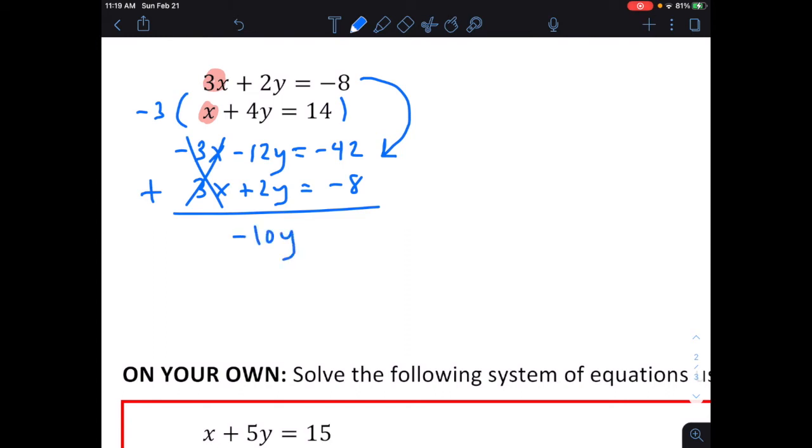So that's what I meant. The 12 becomes a 10. It's still bigger than -12 though. And then I'm going to add two negatives together. So when I add two negatives, I just keep it negative and add the numbers. So -50. All right, and so again, one step now to finish this thing, -10, -10. So y is equal to 5.